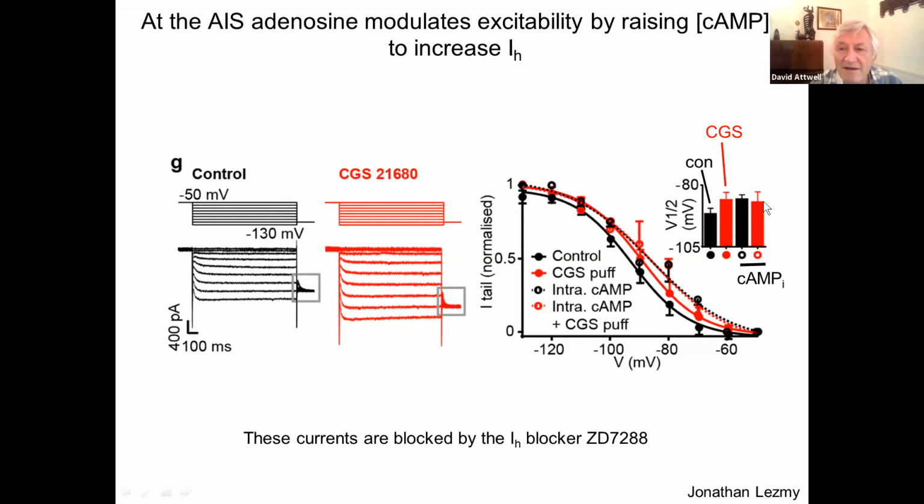And when you then apply adenosine, you get no further change. I should have said that these currents are blocked by the IH blocker ZD7288. So at the AIS, adenosine modulates excitability by raising cyclic AMP and increasing IH.